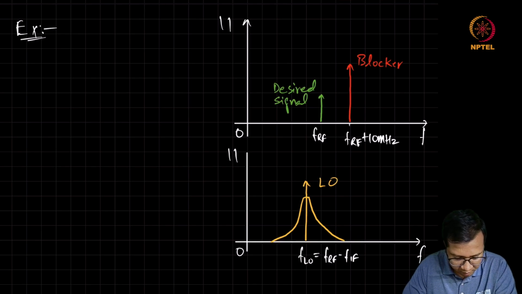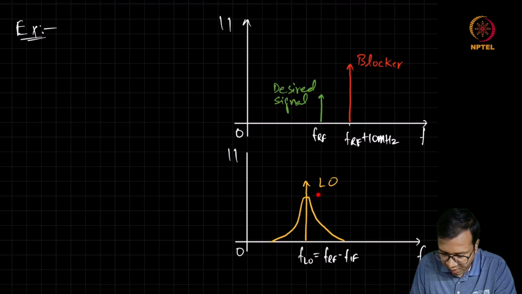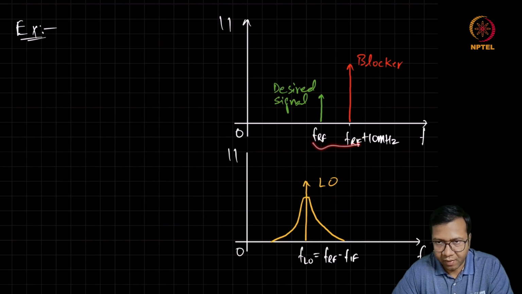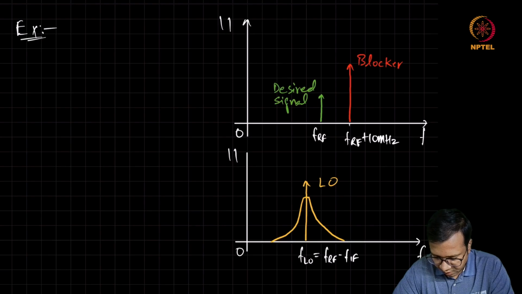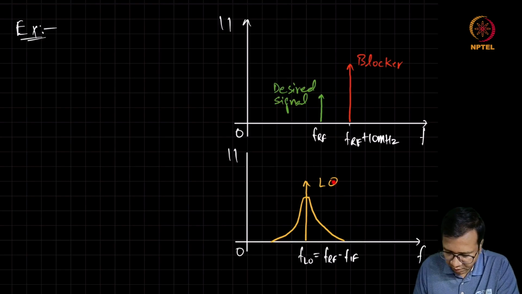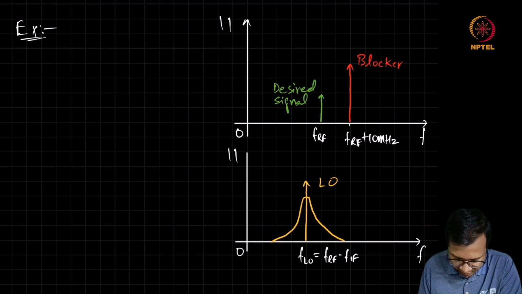So in the receiver, when we multiply the LO signal with the signal which is coming out of the LNA, we are going to filter out the high frequency components, so as to get components only around FIF in the baseband.